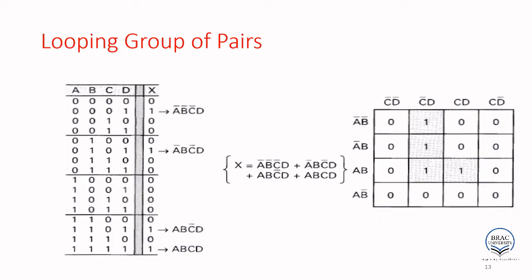Or you can write it as 0 0, 0 1, 1 1, 1 0, again 0 0, 0 1, 1 1, 1 0, something like that. So we have given 2 and these values, I put them as high, and that is your representation, the others are low. So looking at looping a group of pairs.